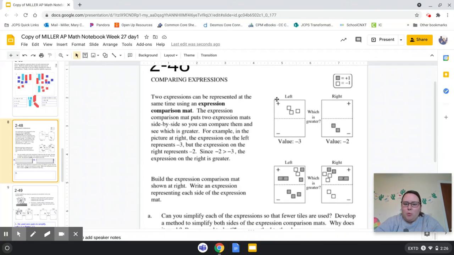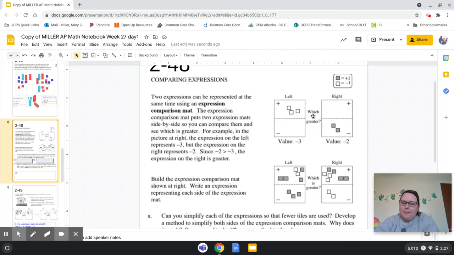So if you look, the old school way of showing -3 is just to put those 3 negative integers on top. Done. Boom. But now that we have this bottom section, we can also represent negatives on the bottom by doing the opposite of whatever it is. So over on the right side here, we have the opposite of +2, which is -2. But we can also represent this as -2.